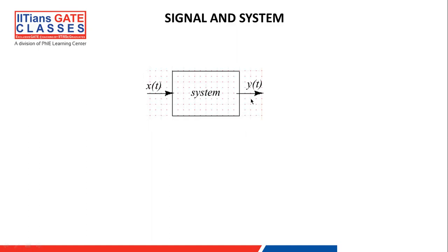Now when it comes to electrical signal, in case of electricals, this signal will be in terms of the voltage and the current, and this signal will also be in terms of voltage and current. So in between there will be a system which will operate on this voltage or current and give us some voltage or current. Since this is an electrical system, it will be made of some electrical components like resistor, MOSFET, capacitor and all.